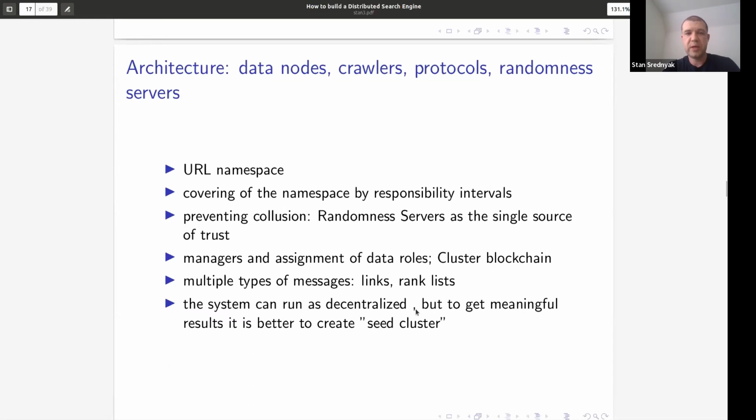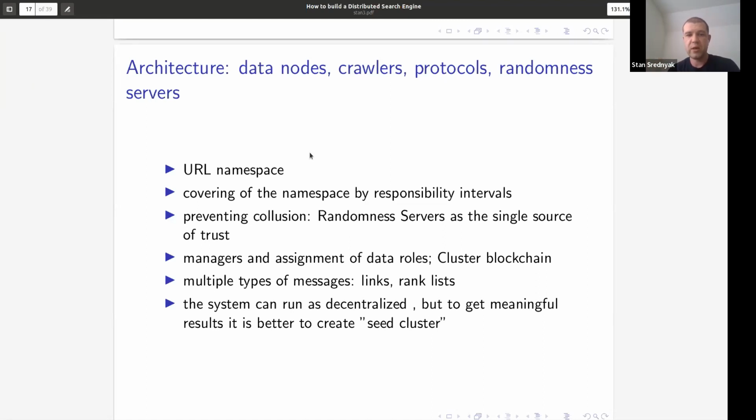So here are some details on the architecture. First of all, we split the URL namespace into chunks and distribute those chunks according to the disk size of the registered nodes, so that the namespace is covered by machines, and for each interval in the namespace, there are multiple machines that serve that namespace.